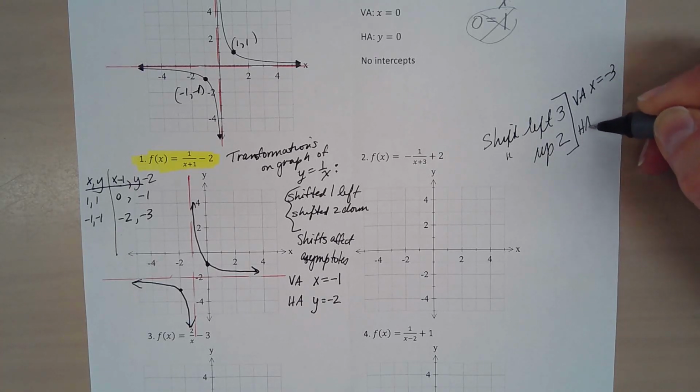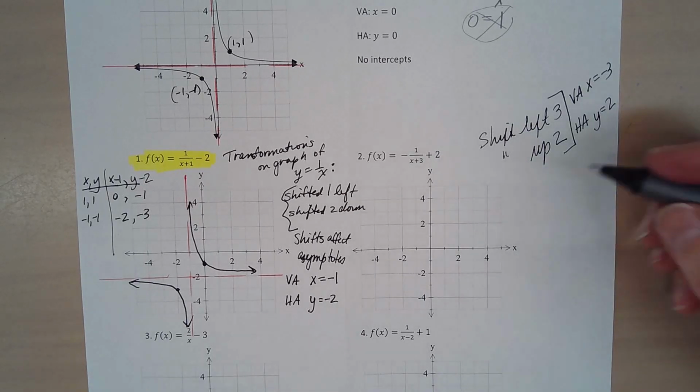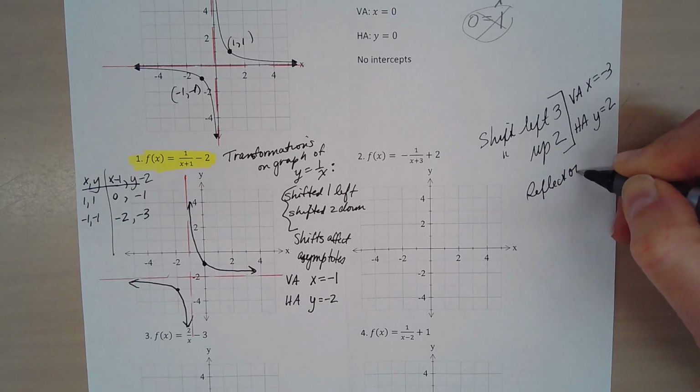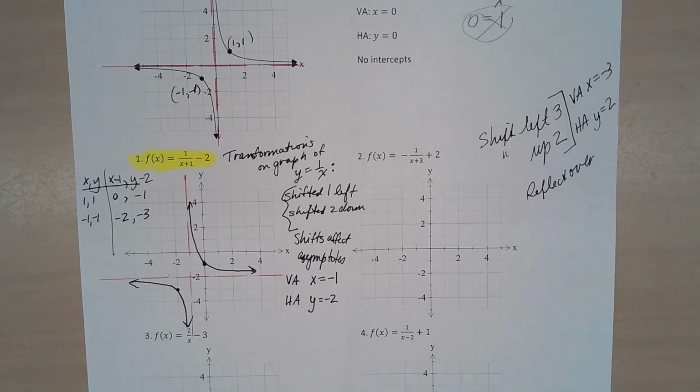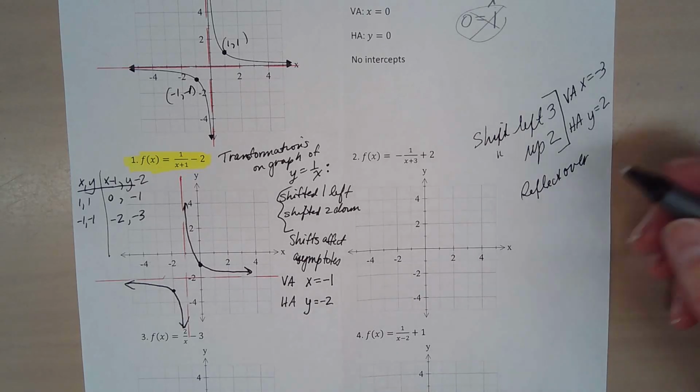Horizontal asymptote y equals 2. Okay. And what else do you see? There's one other thing. A reflection. Reflect over, so the whole function sort of reflected, so that would be the x-axis.